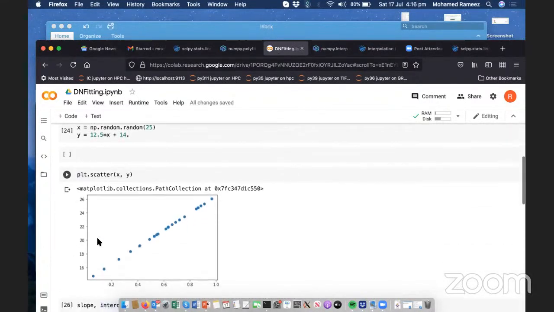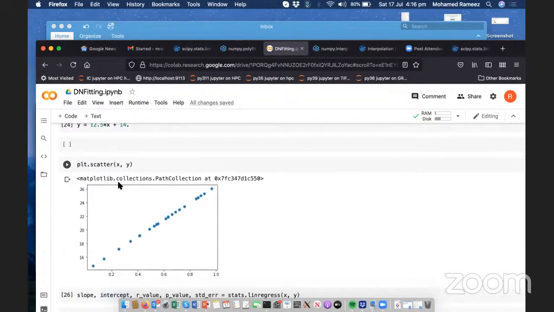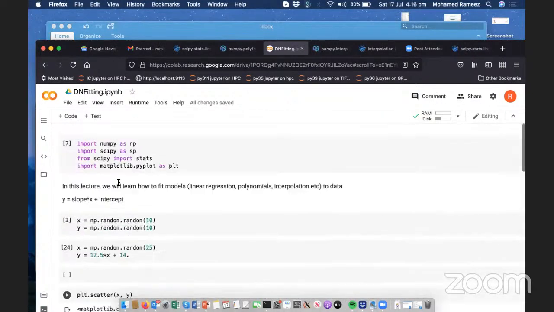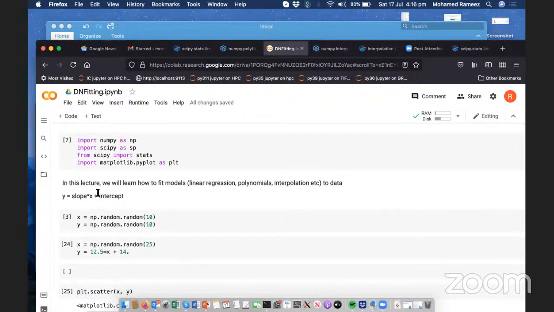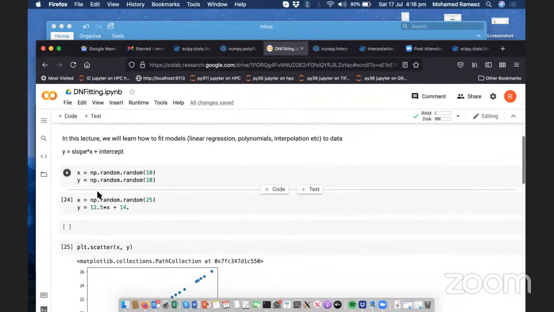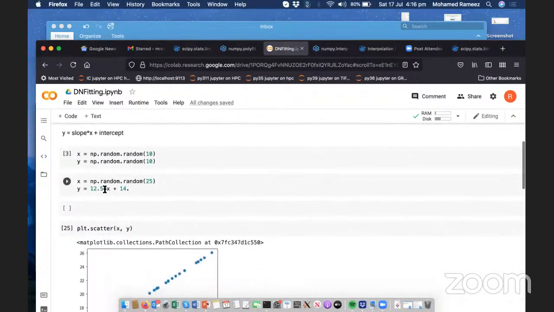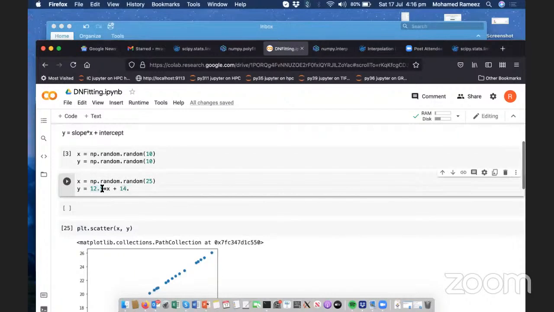The important thing to remember here is that any line in 2 dimensions can always be expressed as y equals mx plus c, where m is the slope and c is the intercept.